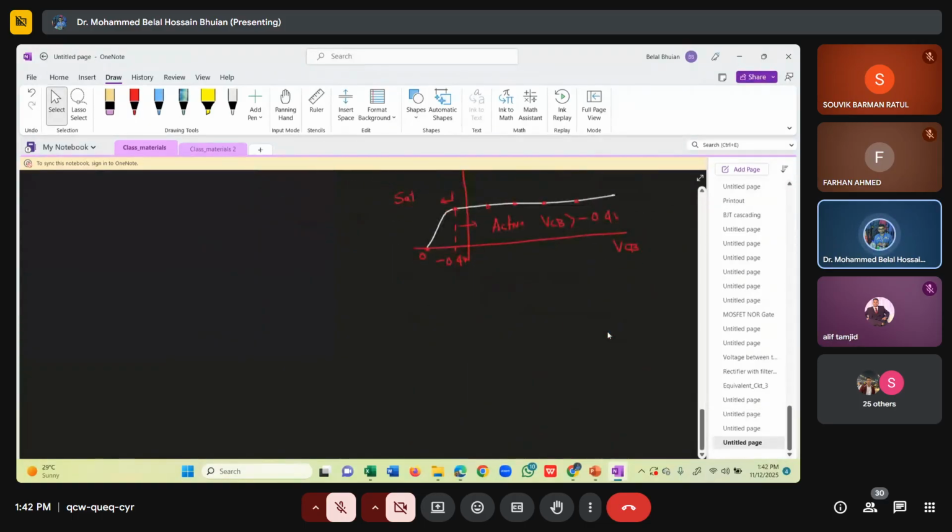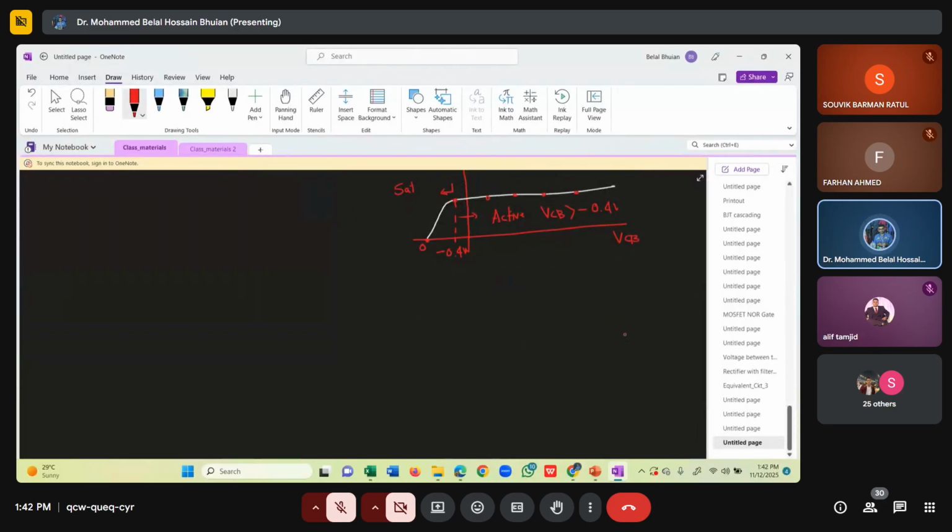So from observing it, between base and emitter, a PN junction diode, which is forward biased.